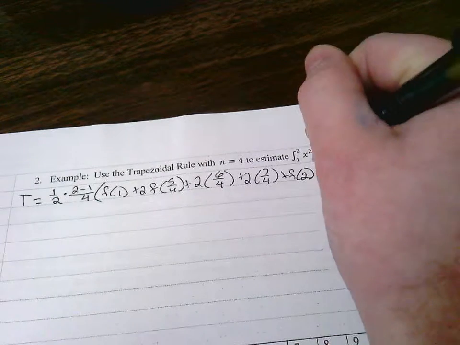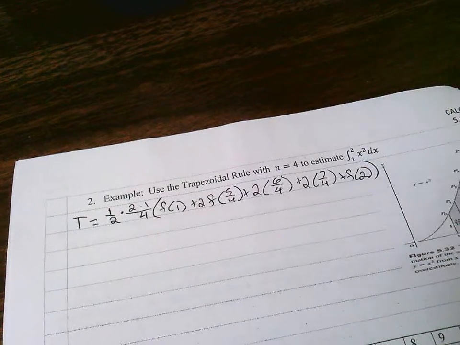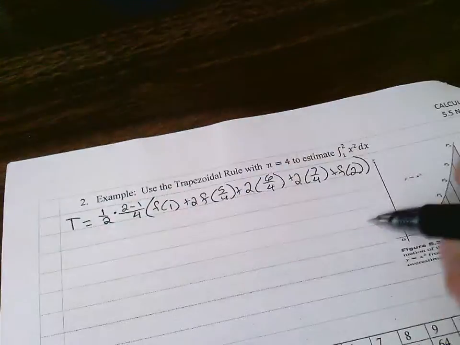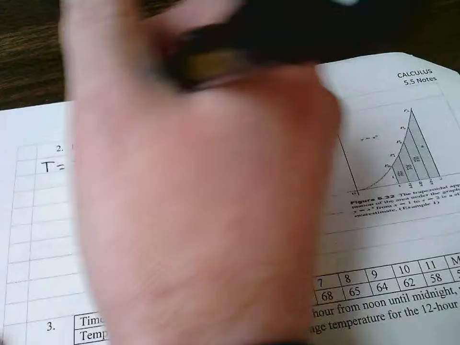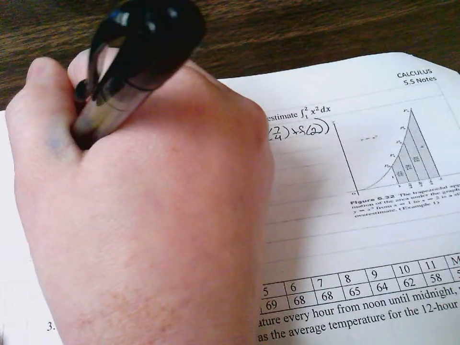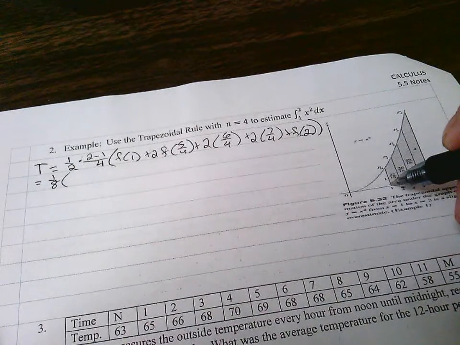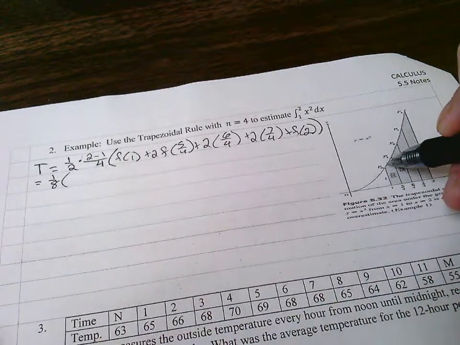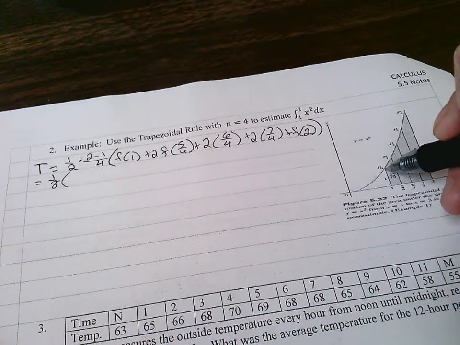Okay. So you're going to be putting everything in here. So f of x equals x squared. We have 1/2 times 1/4, which is 1 over 8, times f of 1.